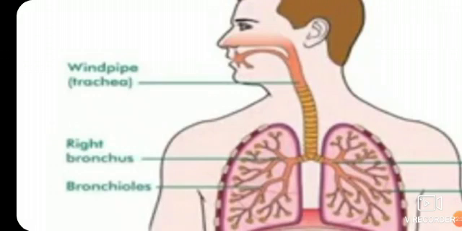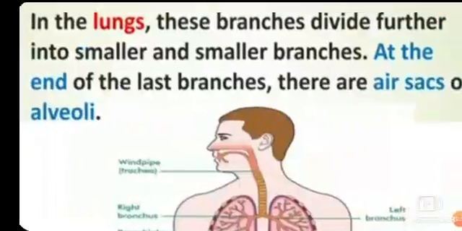These alveoli are very important for the exchange of gases, that is to give out carbon dioxide and to take in oxygen. So alveoli are the last part which is present in the lungs.